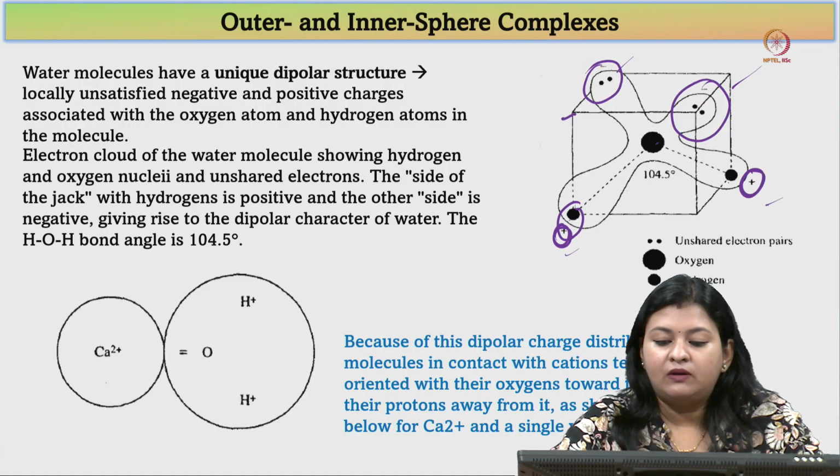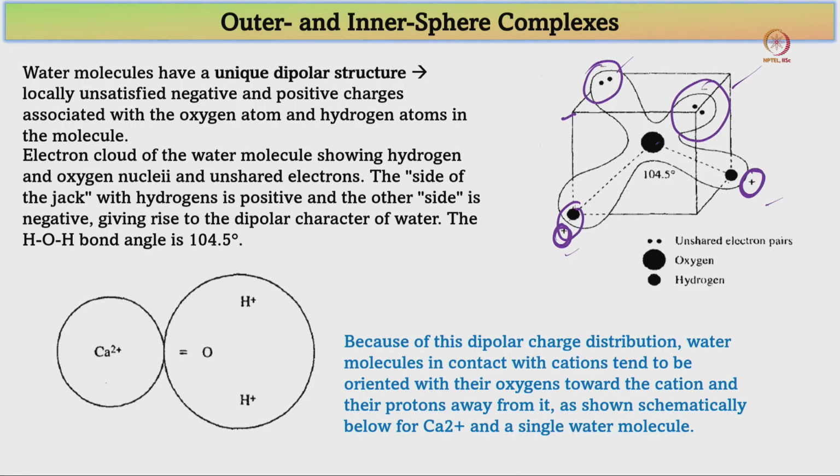Because of this dipolar charge distribution, water molecules in contact with cations will try to orient their negative charge towards a cation, right. So, here you have the two negative charges, and it will start getting oriented towards the cation. And the positively charged area where the hydrogens are will be moved away from the cation, and here you can have another anion sitting.